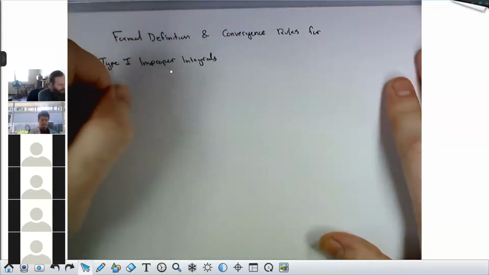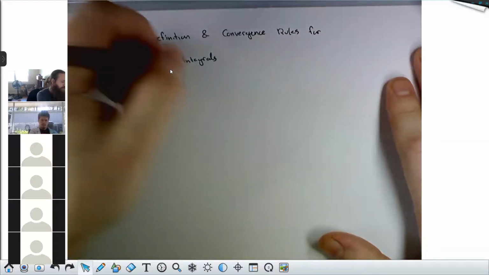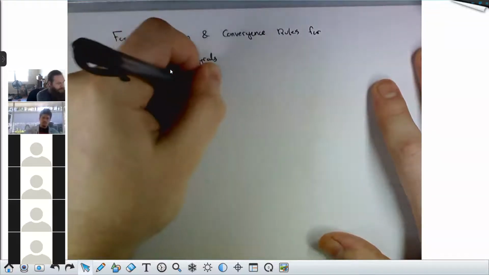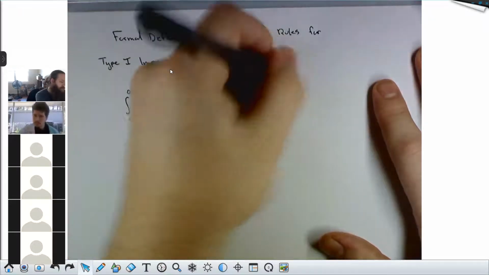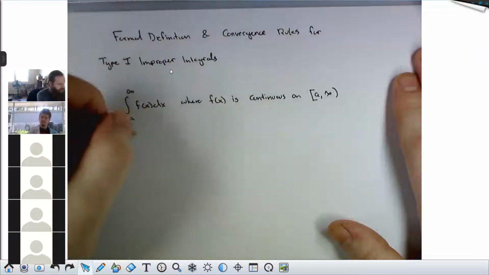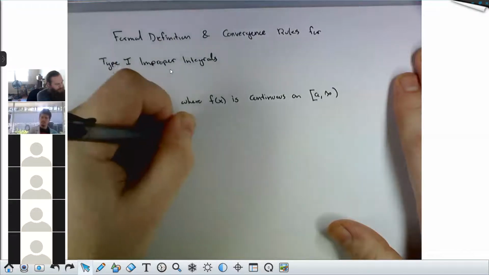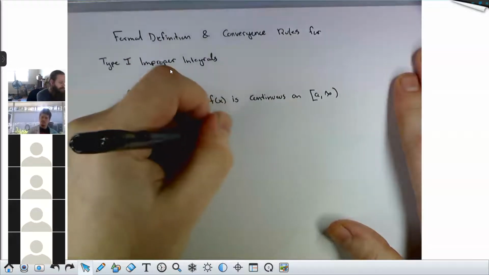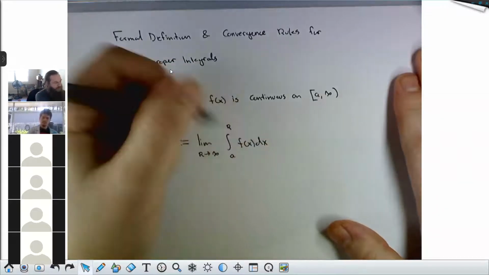If you have an integral of the form a to infinity f of x dx, where f of x is continuous on the interval a to infinity, then we define the integral a to infinity f of x dx to be the limit as r goes to infinity of the integral a to r of f of x dx.